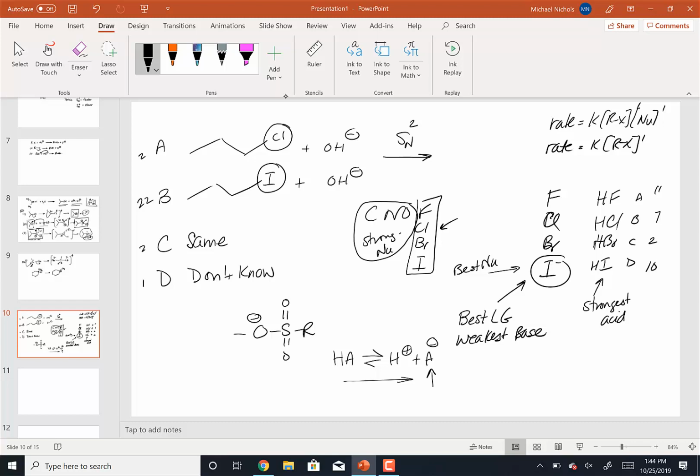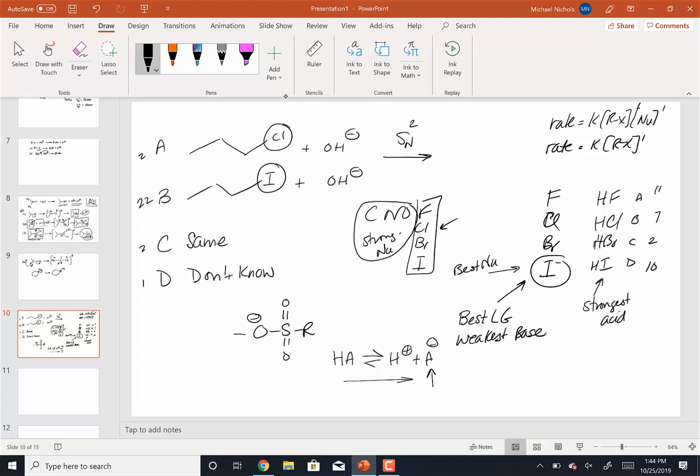So an O minus beats all the halogens. And an N minus beats the O minus and all the halogens. So anything that's not a halogen is stronger than a halogen. But it's only in the halogen area do we have this idea of polarizability. Well, polarizability also, sulfur is a stronger nucleophile than oxygen is. Because sulfur's below oxygen on the periodic table, so it's more polarizable.